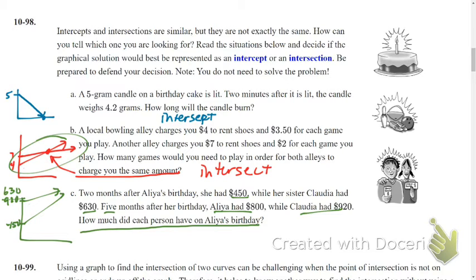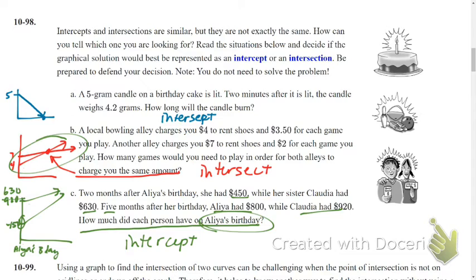The question is, how much did they have on Aaliyah's birthday? So Aaliyah's birthday is the starting point right here. If that's her starting point, that's where x equals 0, and in essence, that's the y-intercept. Yes, intercept. Whew. Had to think there for a minute.